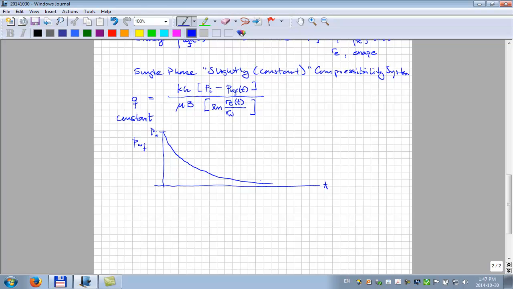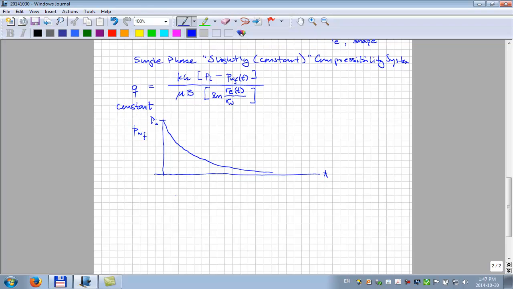Okay? The shape and magnitude of how that drops, how far it goes down, are what allow us to find this permeability and skin. Okay?